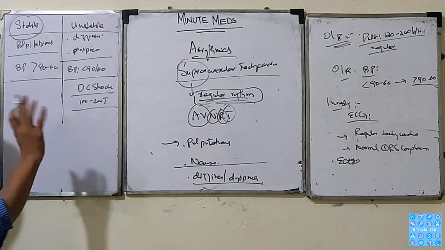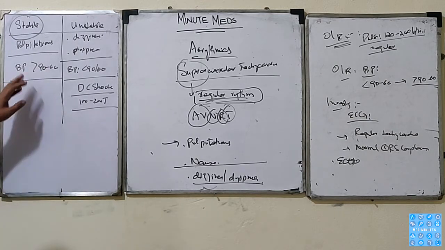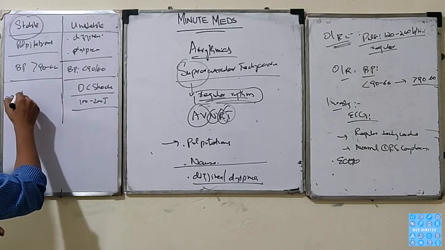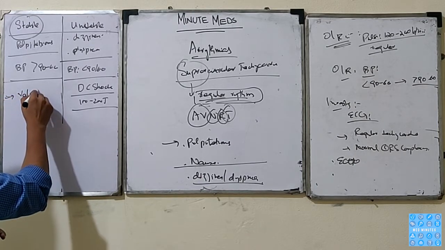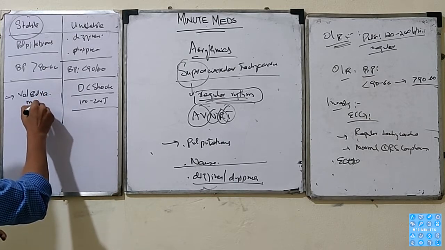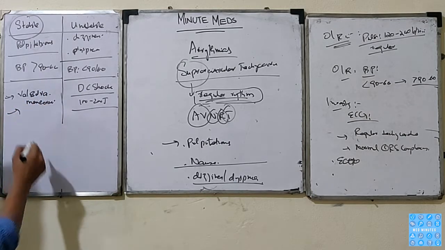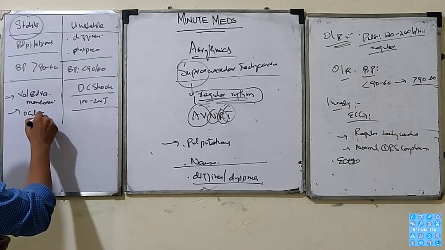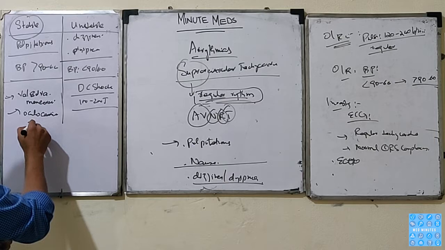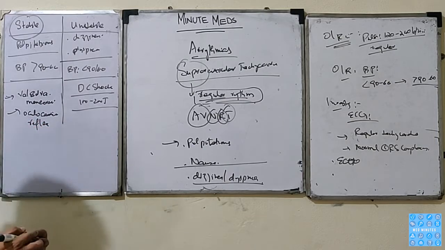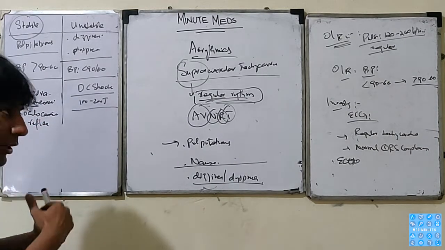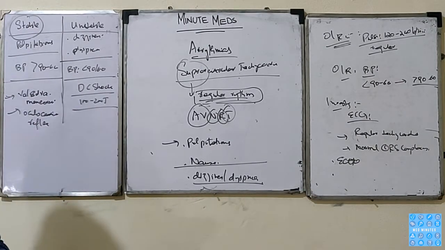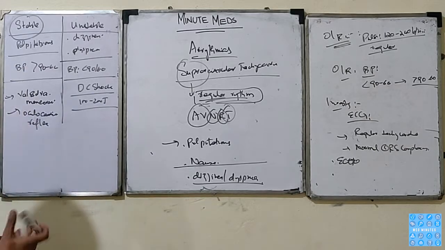And before that, before giving it, we can go for maneuvers like the Valsalva maneuver. Then the oculocardiac reflex, in which we compress the eyeballs, which can lead to enhancement of the parasympathetic activity of the heart.